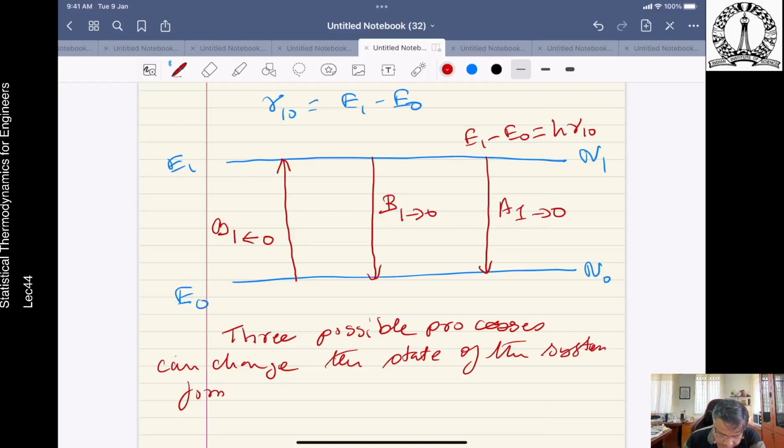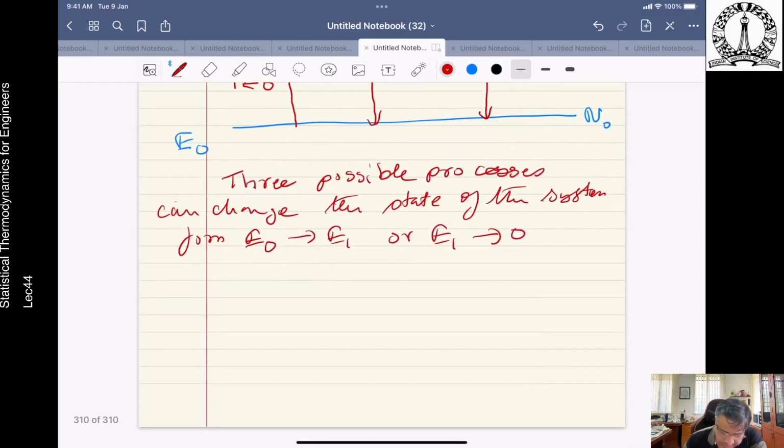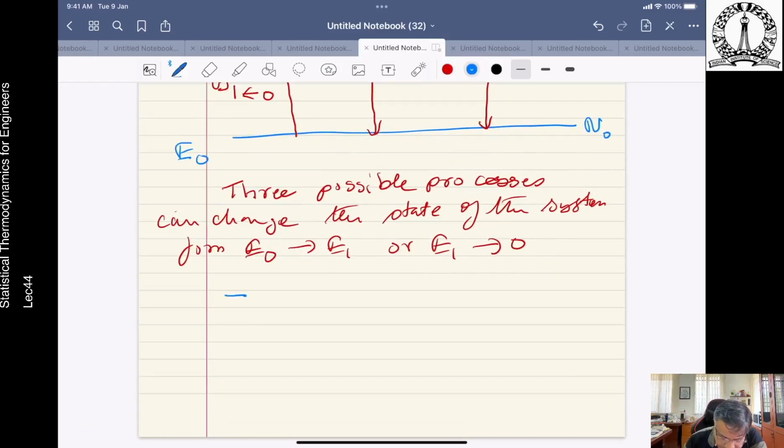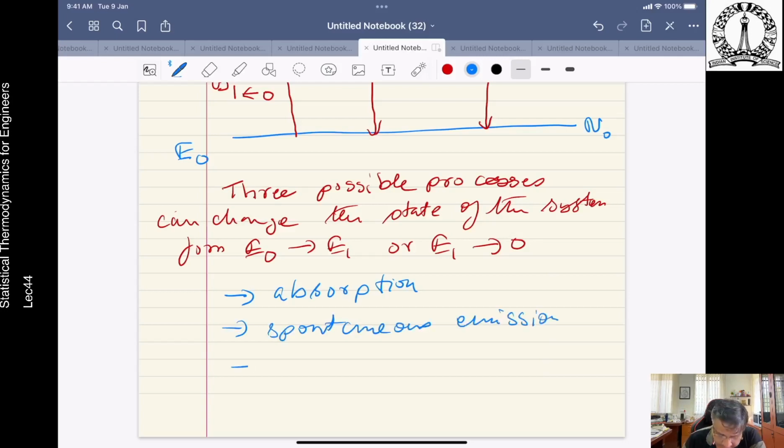These processes are absorption, something called spontaneous emission, and something called stimulated emission.